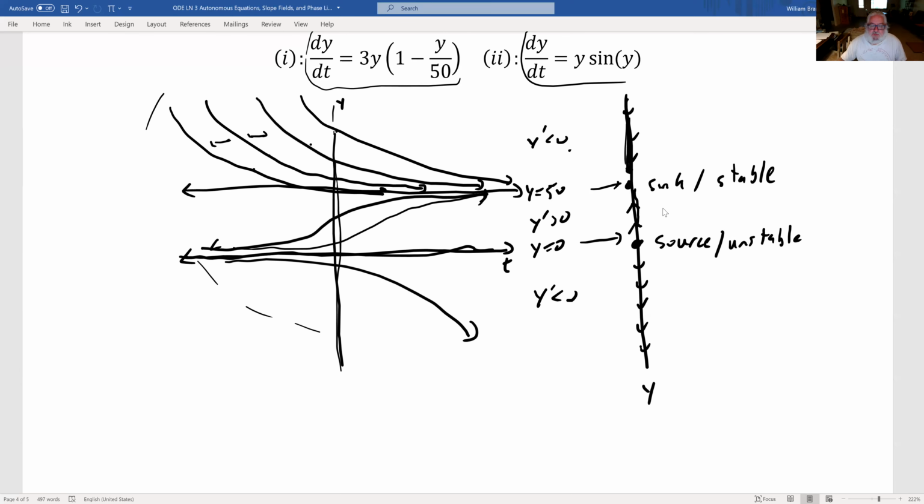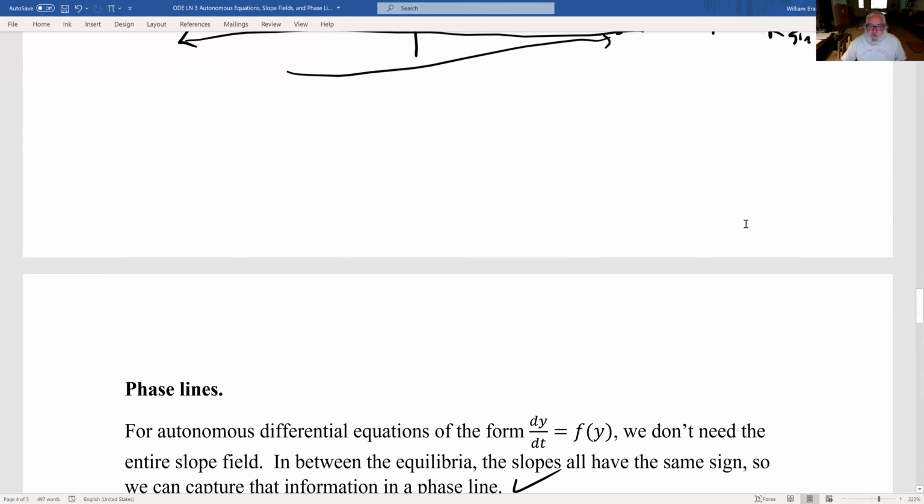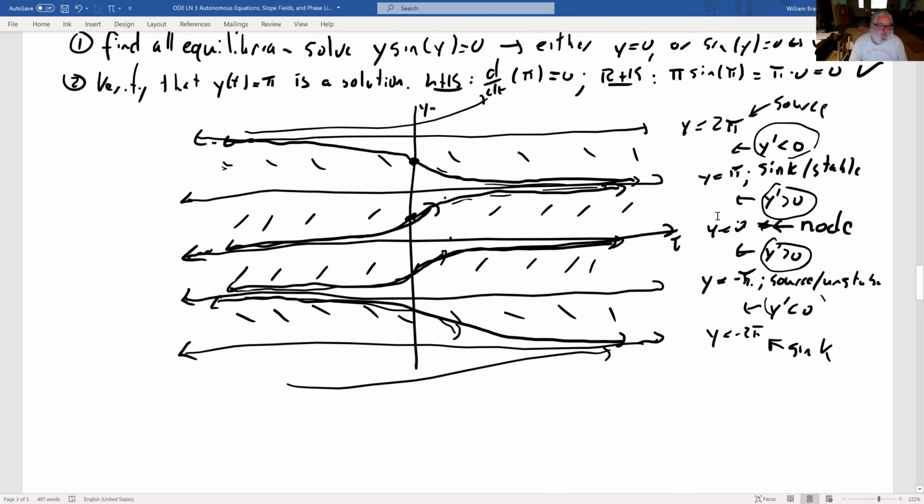For dy/dt equals y sine y, let's see if I have space here. We can put the phase line in here. It's just y. We've got 2 pi, pi, 0, minus pi, minus 2 pi. Those are my equilibria.